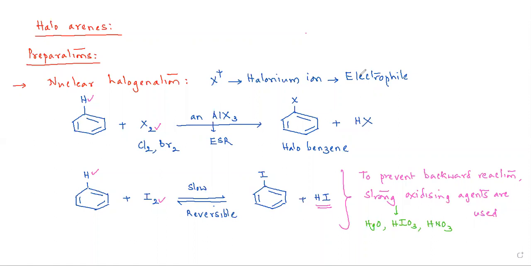Okay. Now see, these oxidizing agents oxidize HI into iodine. Okay. This is nuclear halogenation.